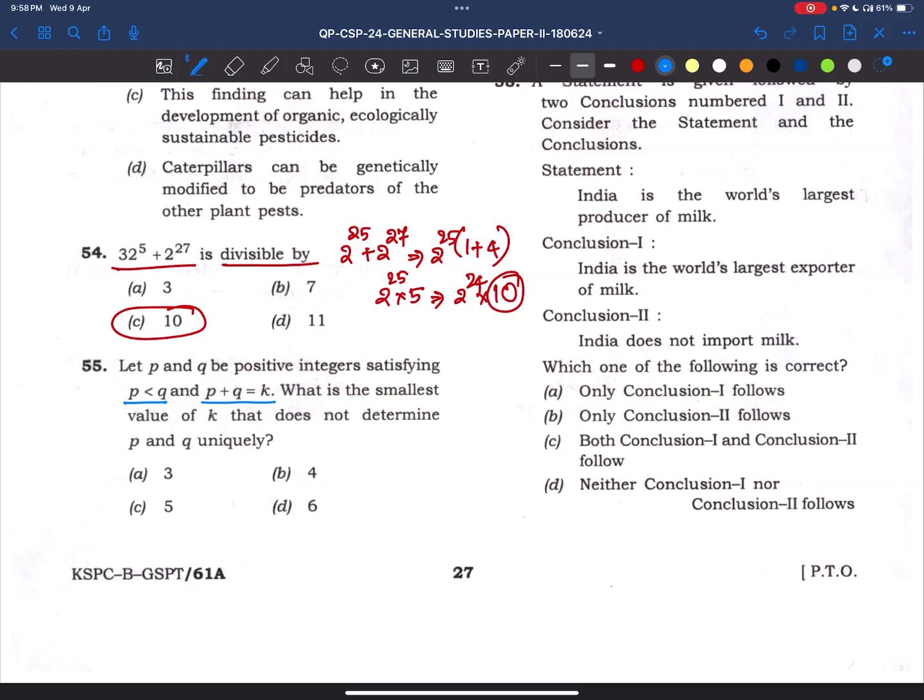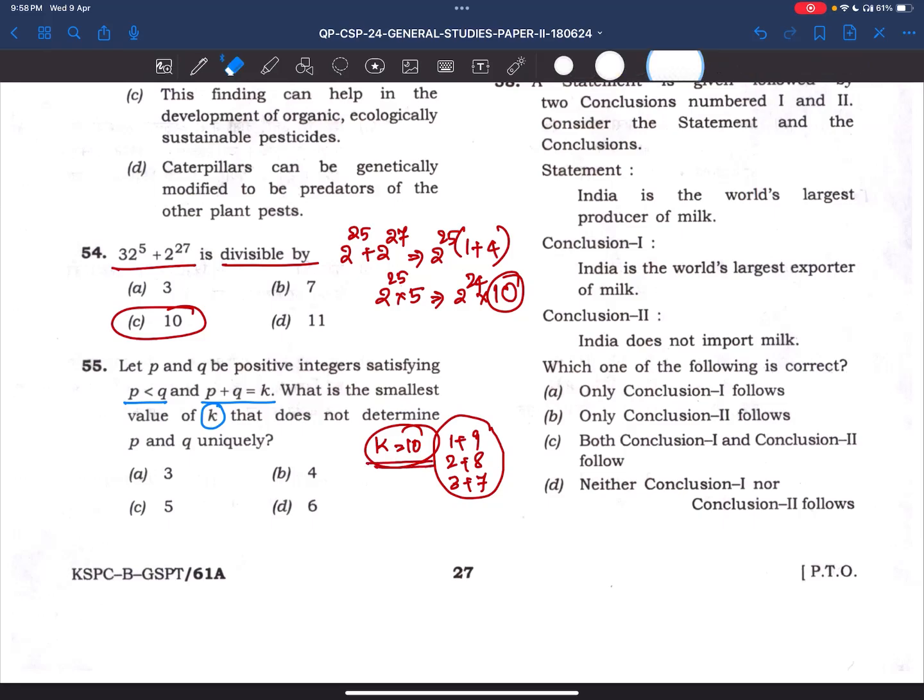That means we have to find the smallest value of K such that it can be represented with more than one pair of values of P and Q. If let's take K is equal to 10, we can represent it as 1 plus 9, 2 plus 8, 3 plus 7, right? So this sort of representation should be there. And what is the least value of K?